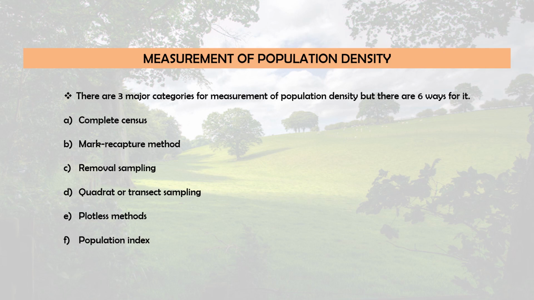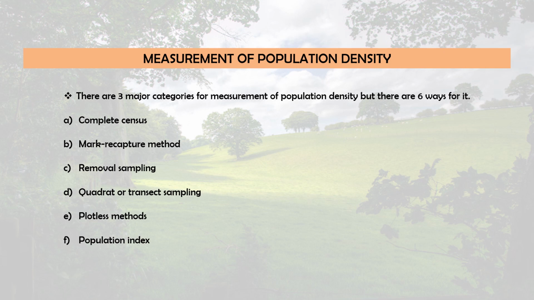When we can see the population, we can do a complete census. A complete census means counting every individual present in a particular area, and this method is not actually practiced in most cases because it's impossible to take an area and count each and every organism.